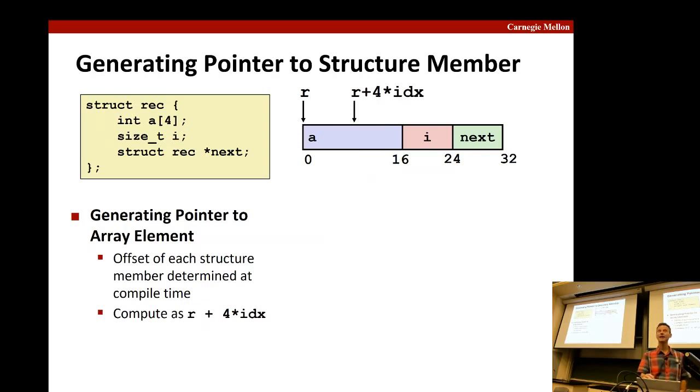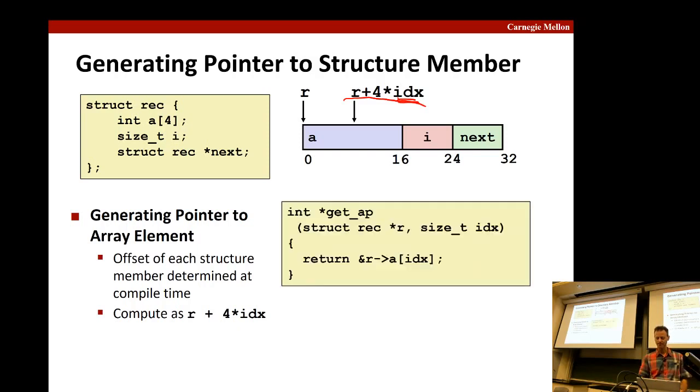Now suppose you wanted to access somewhere within the structure, like one of these array elements, the indexed one. Then, as shown, that gets computed as the start plus 4, since we're dealing with integers, times the index. Suppose you had some C code like this that was interested in an indexed element off of the array, but returning the address and not the element itself.